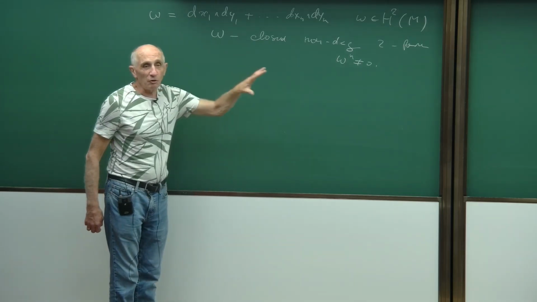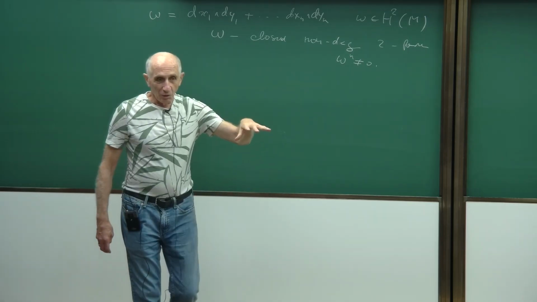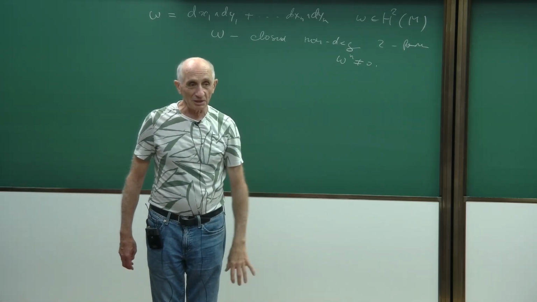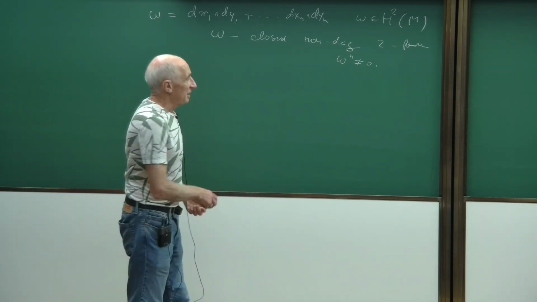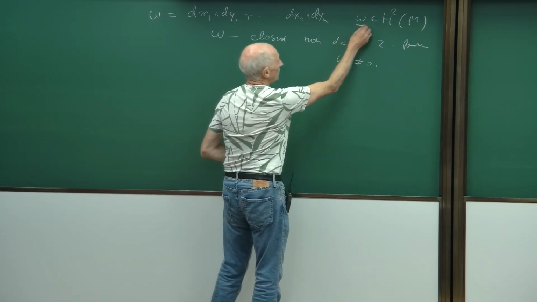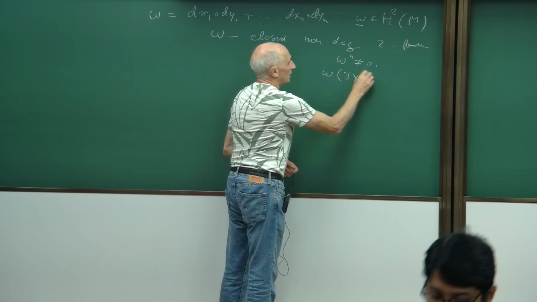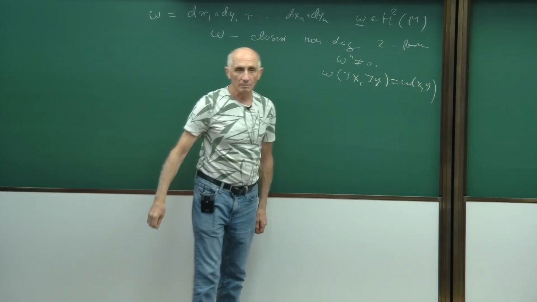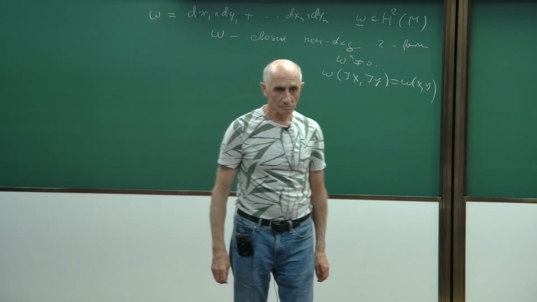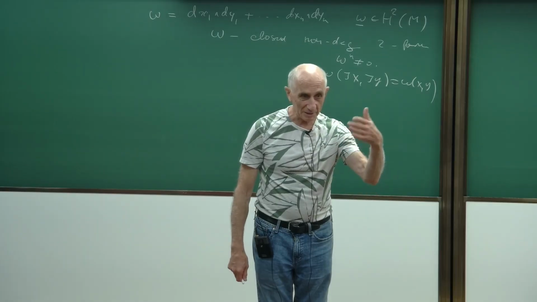You can even go further, under a calibrated condition: you can always find J such that omega is J-invariant. So for every symplectic manifold, we have an almost complex structure? Yeah.